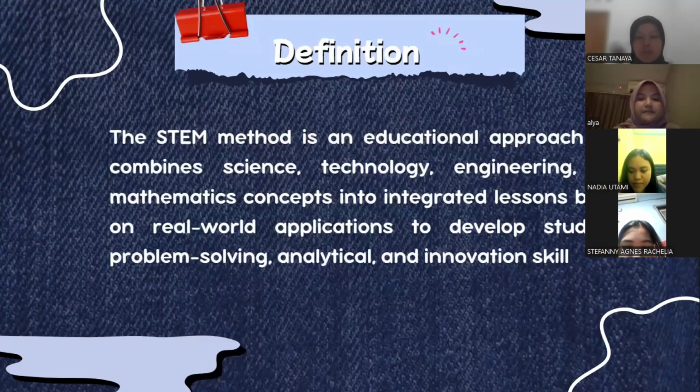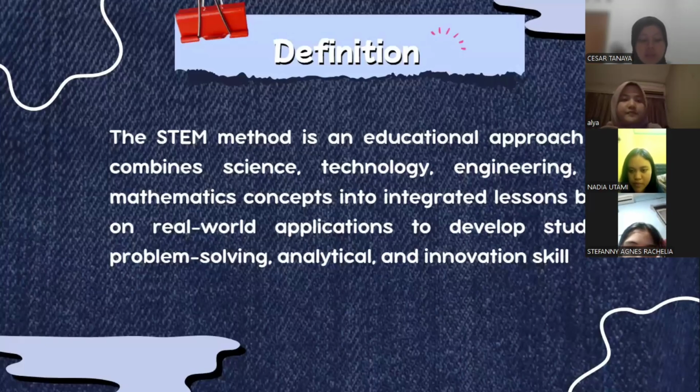So we move to the definition. The STEM method is an educational approach that combines science, technology, engineering, and mathematics. The concept is to integrate lessons based on real-world application to develop students' problem-solving, analytical, and innovation skills.